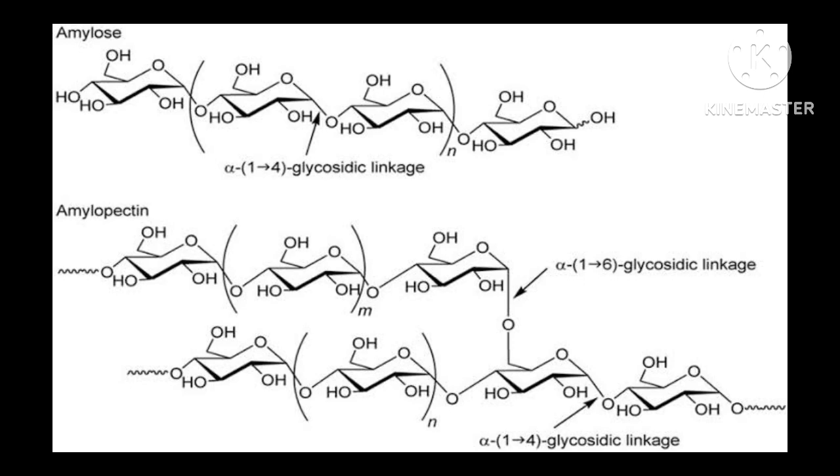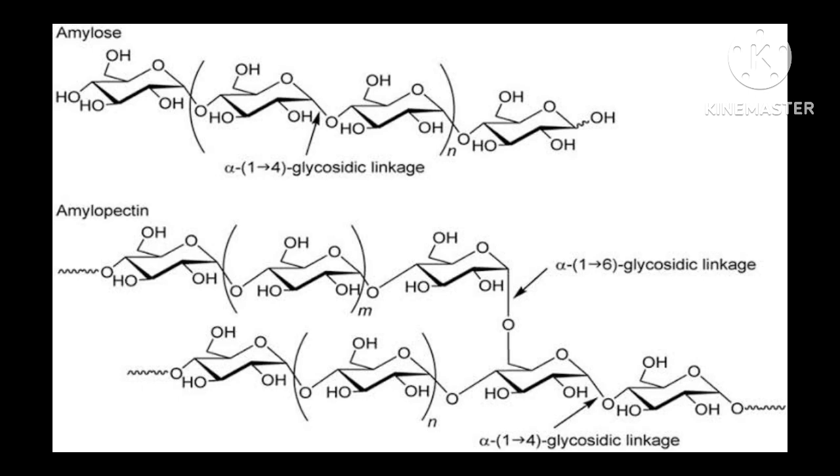Amylose is a long and unbranched chain of glucose molecules linked by alpha-1,4 glycosidic bonds, while amylopectin is a branched chain polysaccharide with alpha-1,6 linkages at the branch points. The structure of glycogen is similar to that of amylopectin but is more highly branched.